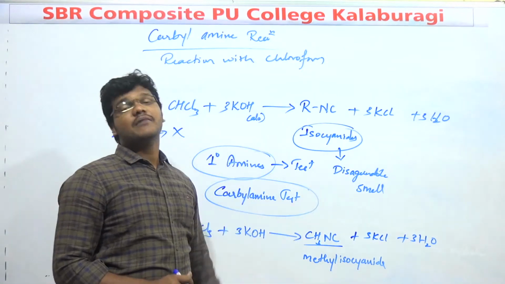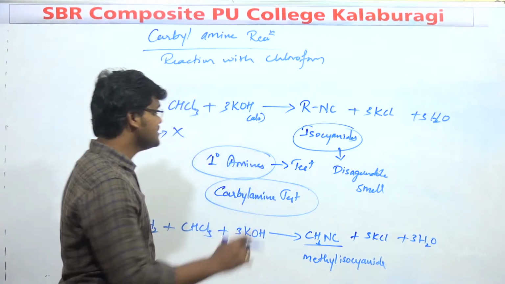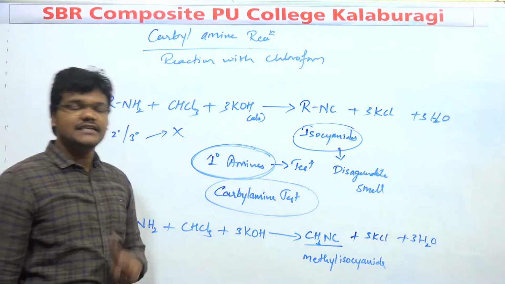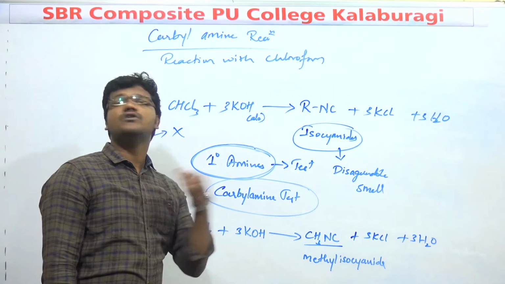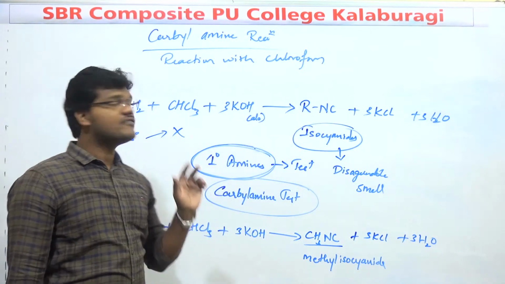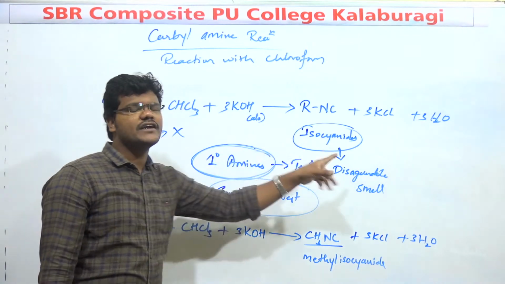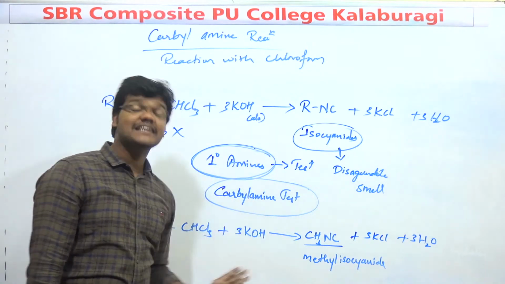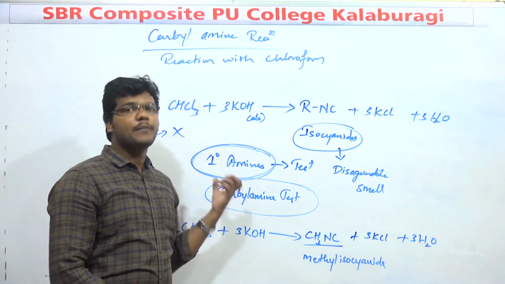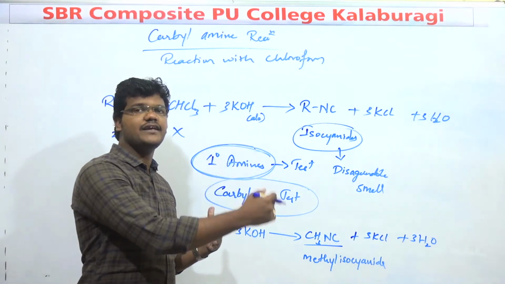So the carbyl amine reaction is shown only by what? Primary amines. Secondary amines and tertiary amines won't react with chloroform. They won't form isocyanides. After addition of secondary and tertiary amine, I won't get disagreeable smell. So this reaction helps me to distinguish primary amines from secondary and tertiary.